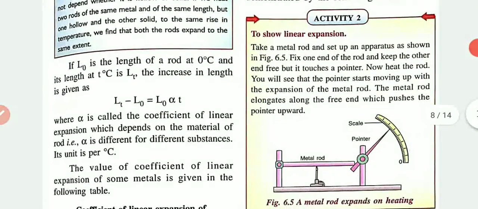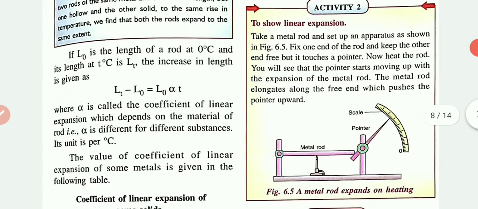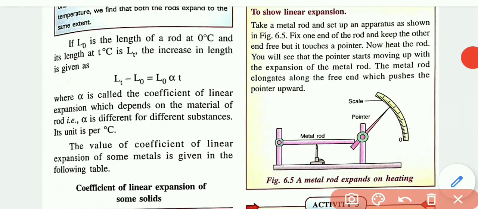Now look at this: Lt, L0, alpha, t. Here L0 is the length of the rod at 0 degree centigrade, and its length at t degree centigrade is Lt.